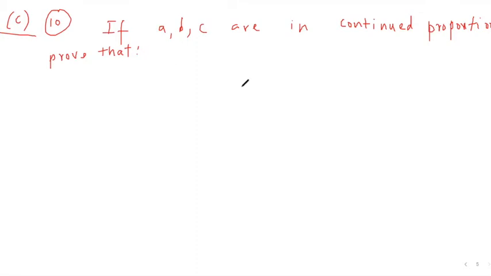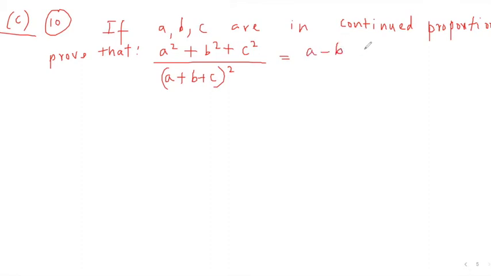Which is (A squared plus B squared plus C squared) divided by (A plus B plus C) the whole squared is equal to (A minus B plus C) divided by (A plus B plus C).